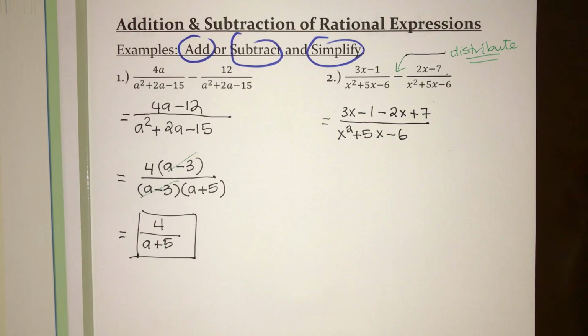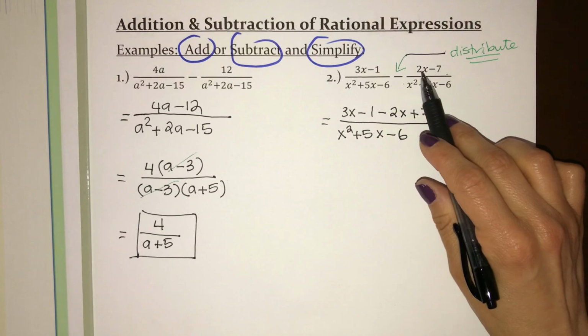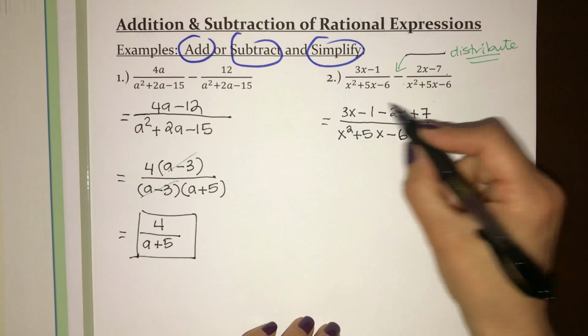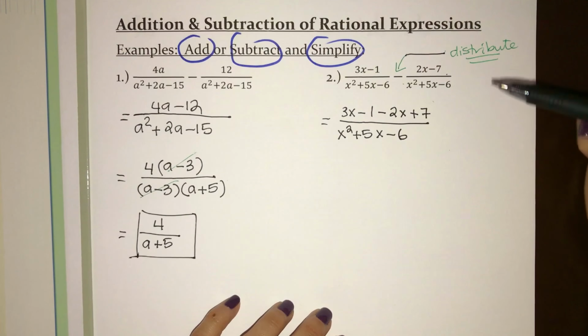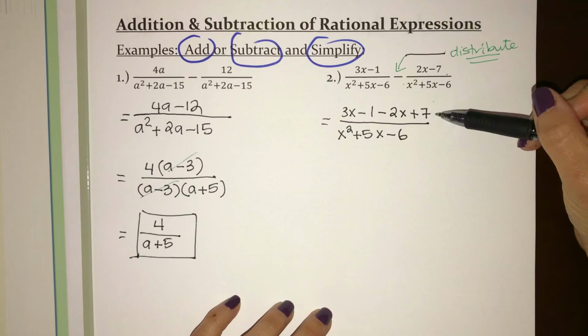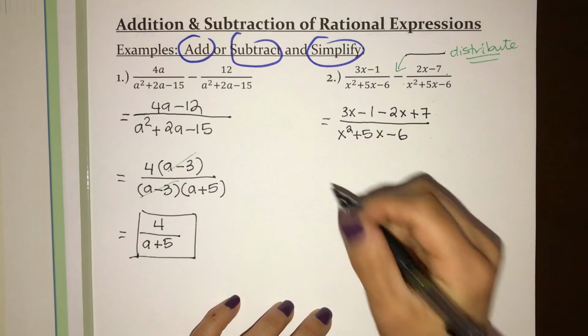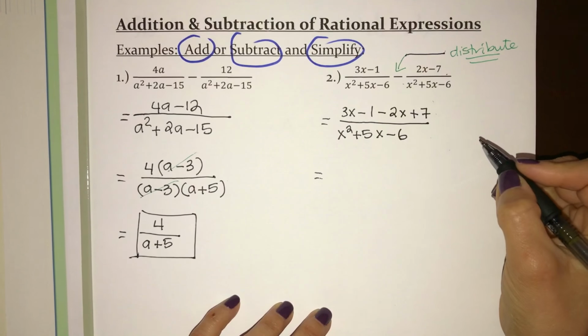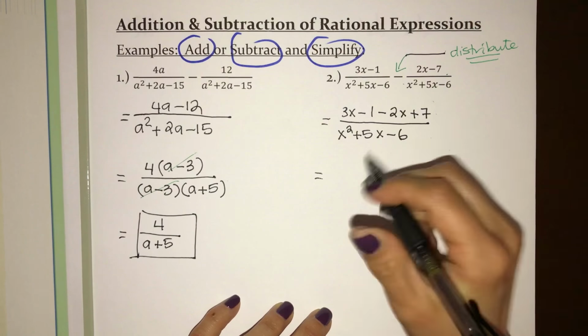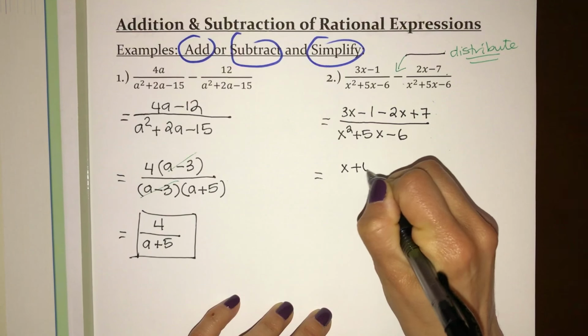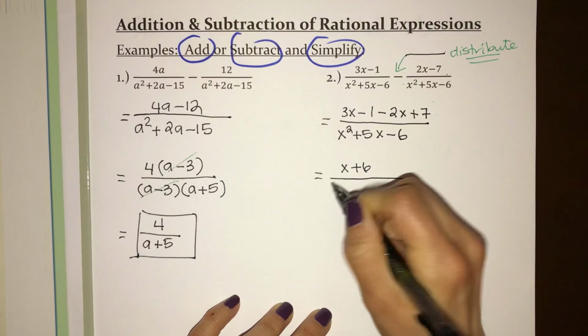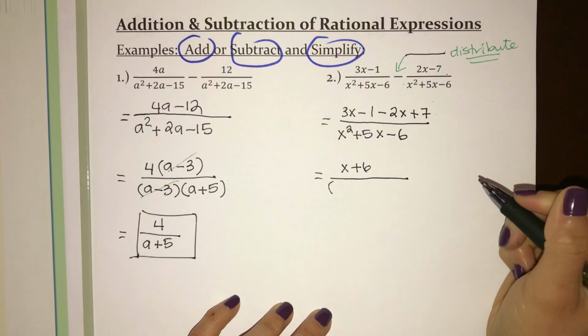So to subtract, you have to apply or distribute the negative to both terms. So we have this, and then from here we want to combine like terms in the numerator and factor the denominator. Combining like terms in the numerator, we're going to get x plus 6, and then we need to factor the denominator. So again, that's a regular trinomial.